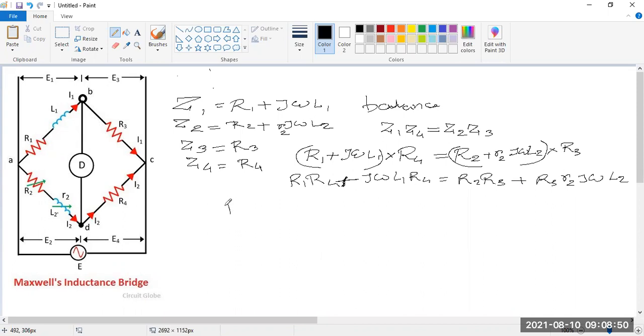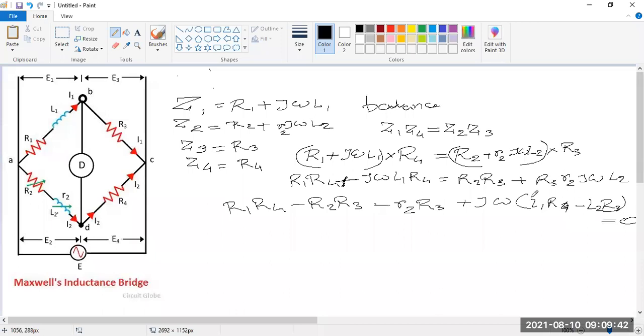So we get R1 R4 minus R2 R3, and the other terms also come here, with a minus sign, and then we take the common factors. All of this is equal to zero, because all parts are coming to one side, and then we get this.